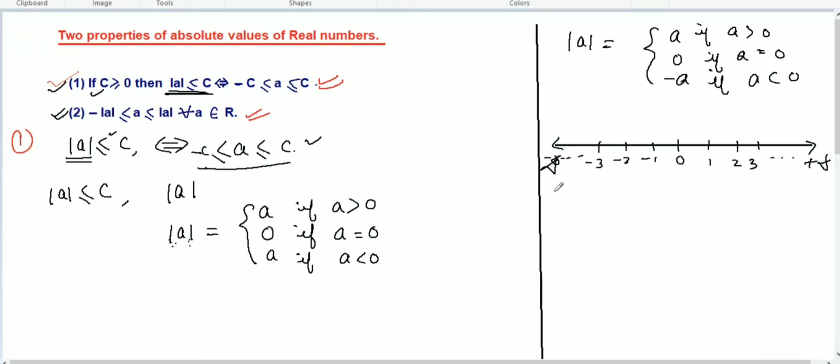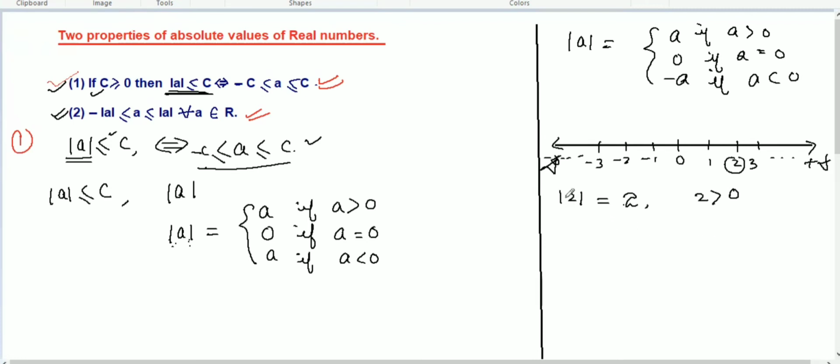Say I'm going to take the absolute value of 2. What is the absolute value of 2? The absolute value of 2 will be equal to 2, and 2 is greater than 0.